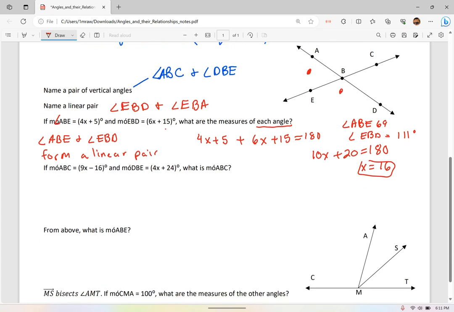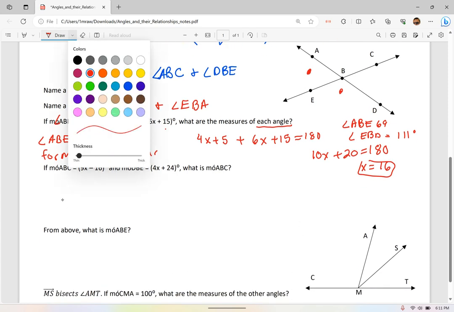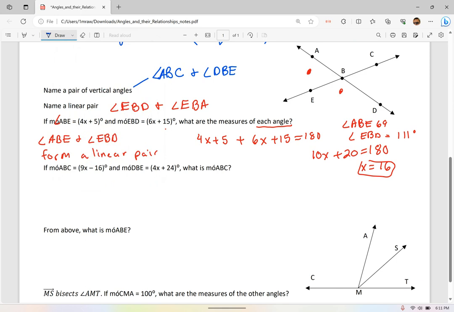Going on to the next one, we're still using that same picture. This one says the measure of angle ABC, this angle right here, is 9x minus 16, and the measure of angle DBE is 4x plus 24.